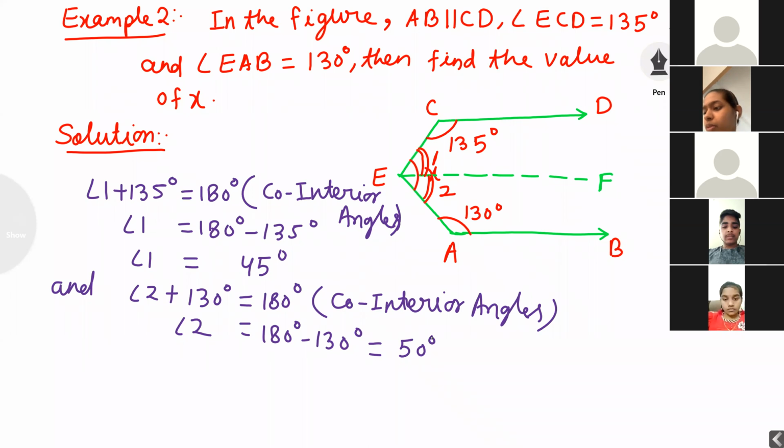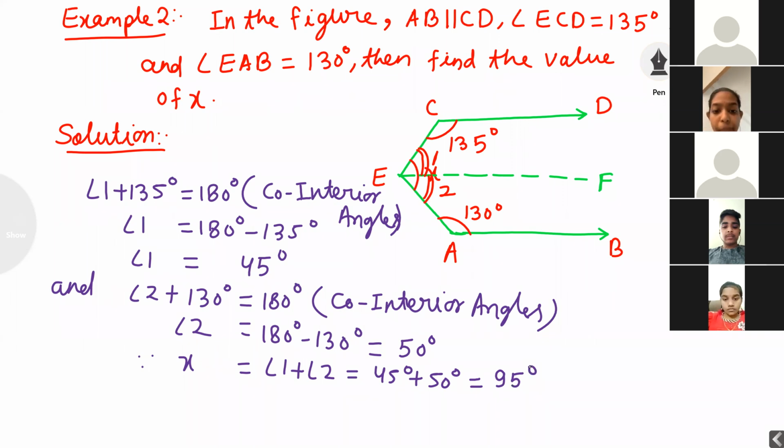But I don't want to find out 1 and 2. I want to find out the value of x. X is equal to angle 1 plus angle 2, which is 45 plus 50 is equal to 95 degree. That is the right answer.